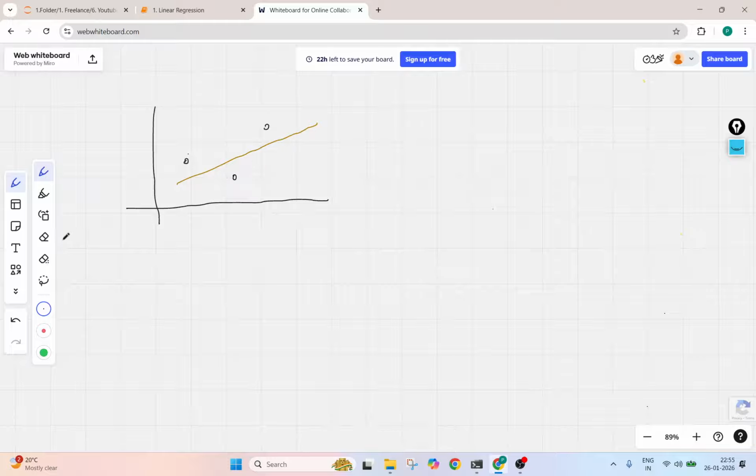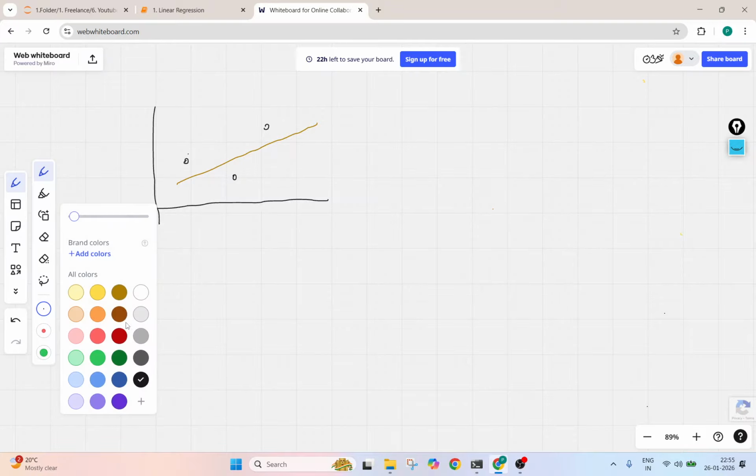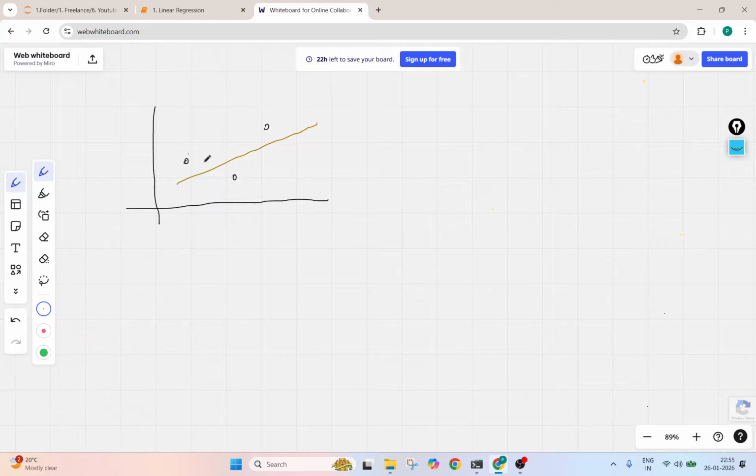Okay, cool. So the issue now is how do I figure out if this is my best fit line, or this is my best fit line?